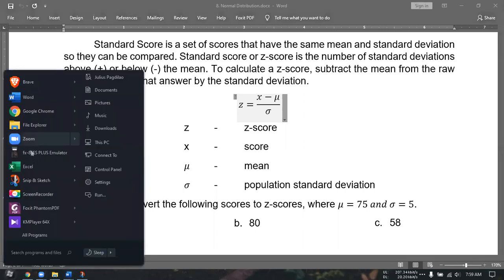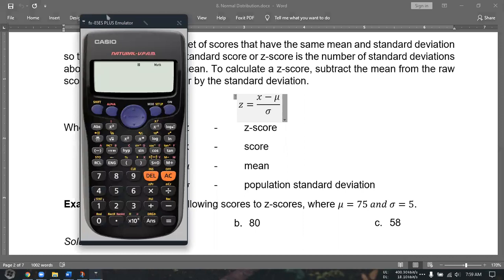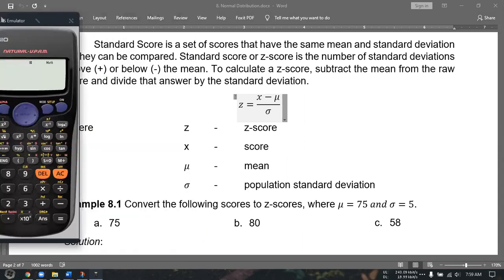And we have the values 75, 80, and 58. Converting these scores means to identify how far or near these values are from the mean in terms of the standard deviation.